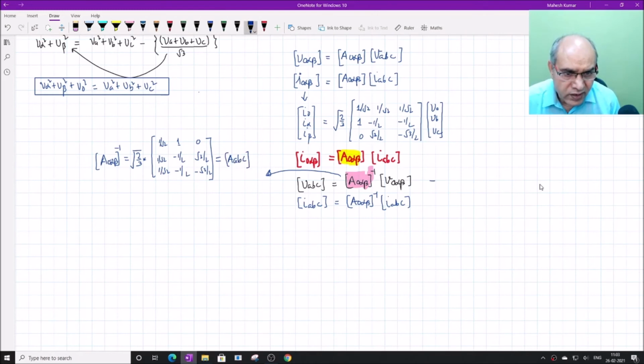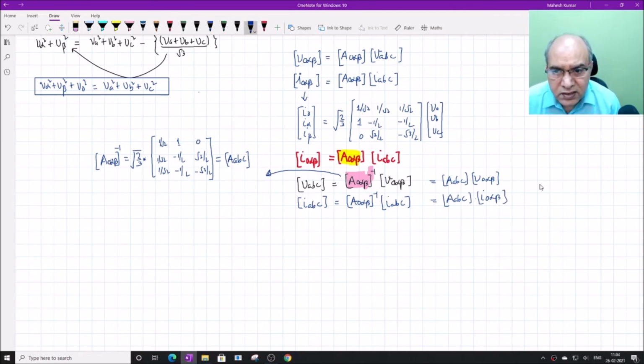So you can also write this is equal to the ABC matrix into V0 alpha beta, or you can write here the ABC matrix into I0 alpha beta.